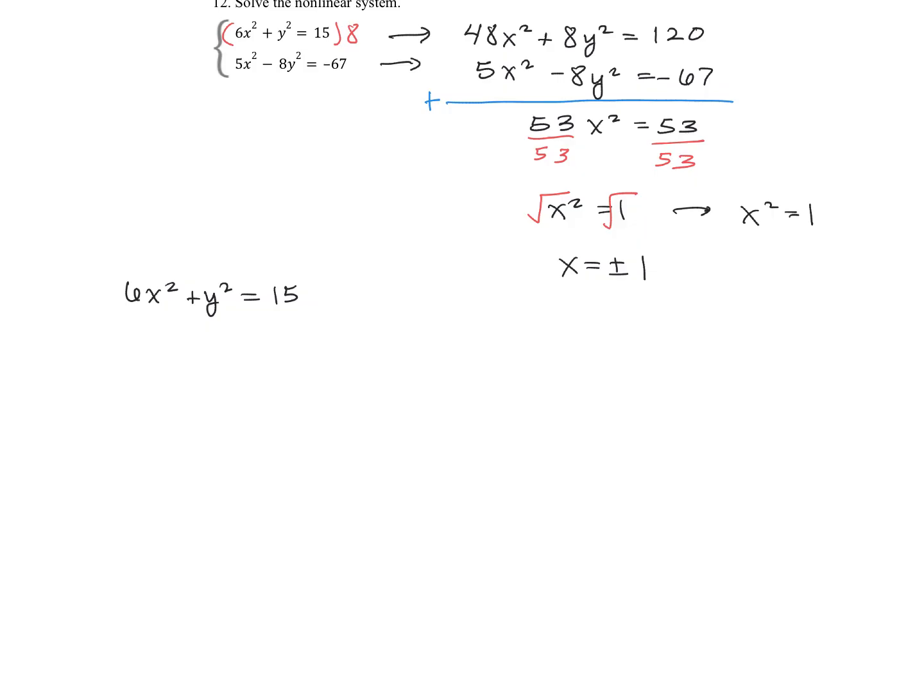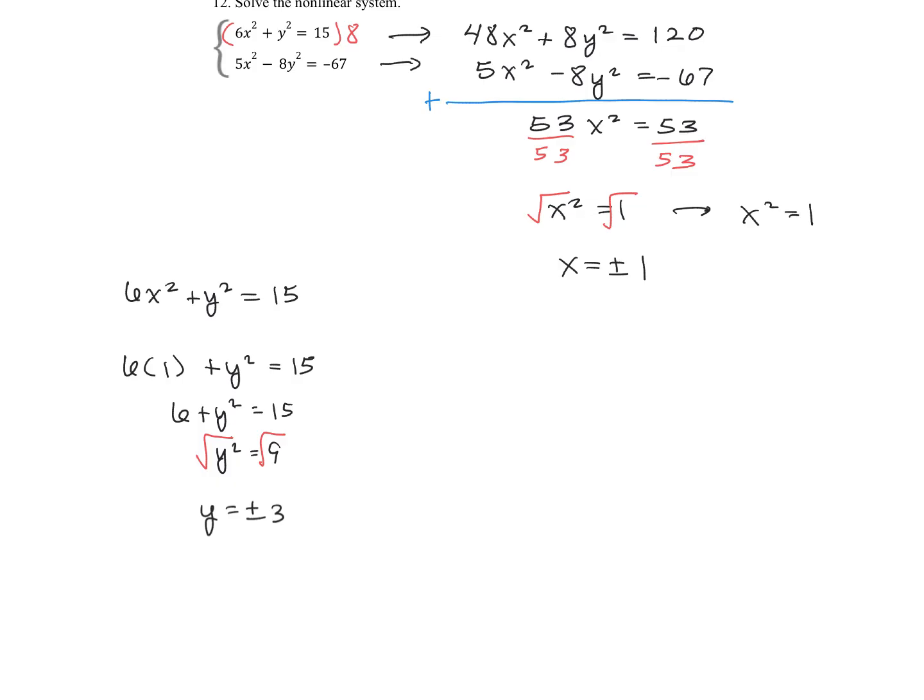So if I do that, I'm going to have 6 times 1 plus y squared is 15. So 6 plus y squared is 15. So y squared is 9. Just like before, I square root it. And I end up with y equals plus or minus 3.